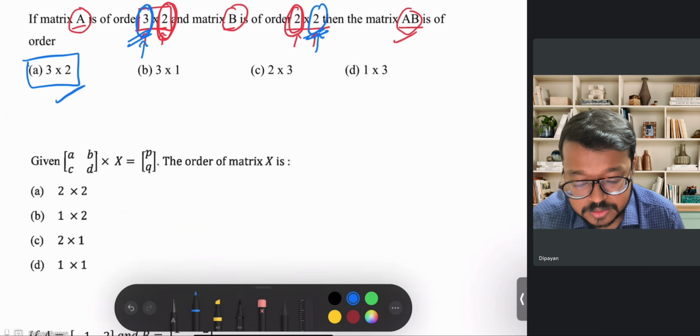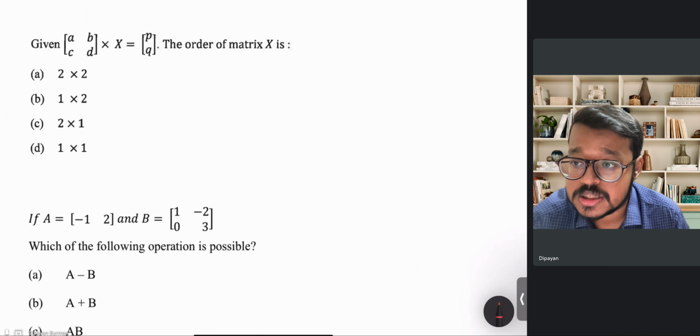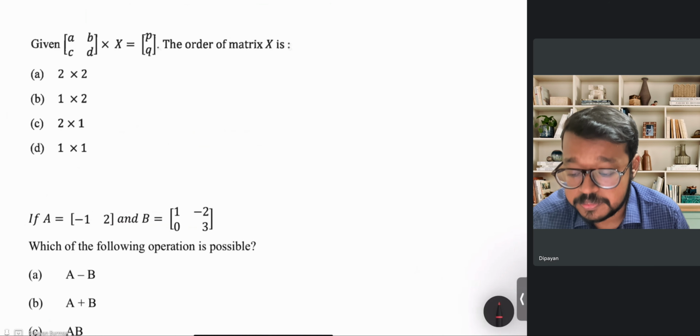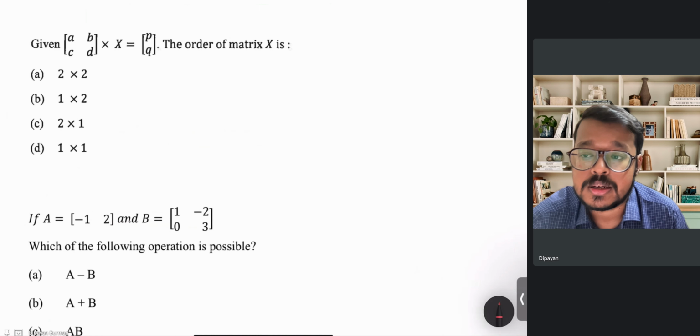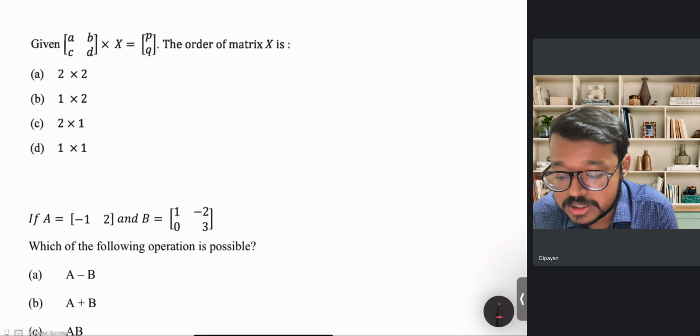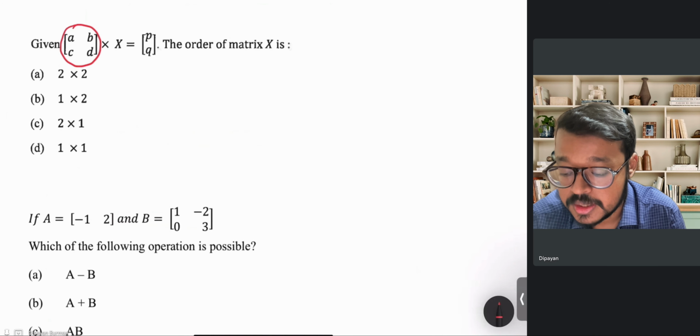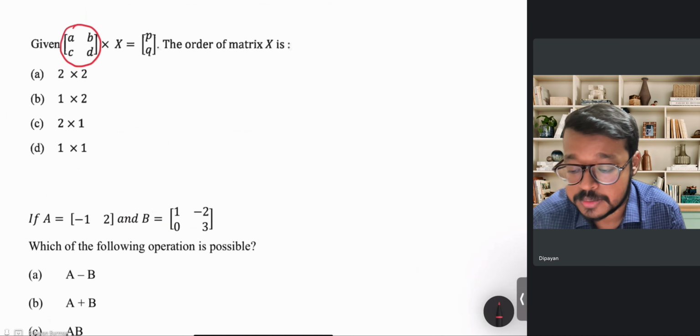Then moving ahead to the second question, again based on order of matrices. Given these matrices, when we multiply, it results in another matrix. The first matrix has these 4 elements, and we can identify that it has 2 rows and 2 columns.